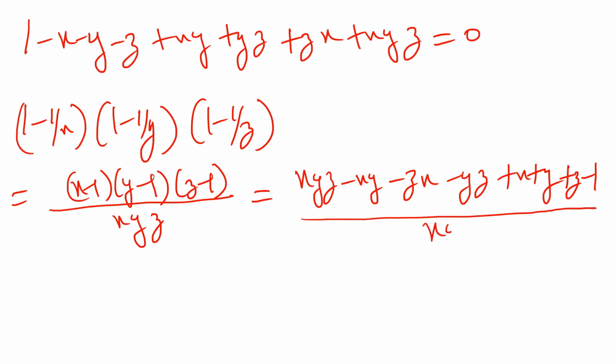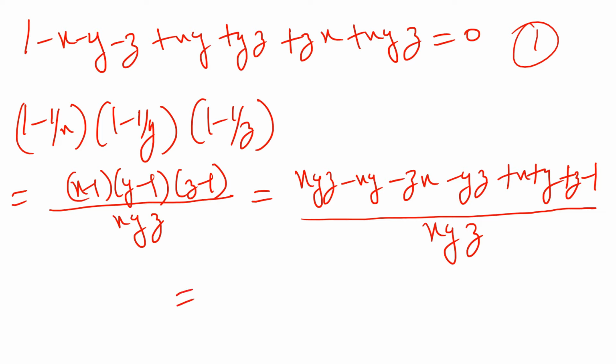That means we have to find the value of this expression. Now, as you can see from the equation number 1, we are already having the value of 1 minus x minus y minus z plus xy plus yz plus zx plus xyz as 0. So what you can do, you can put this value in this expression. Now just see here how I'm going to do this.